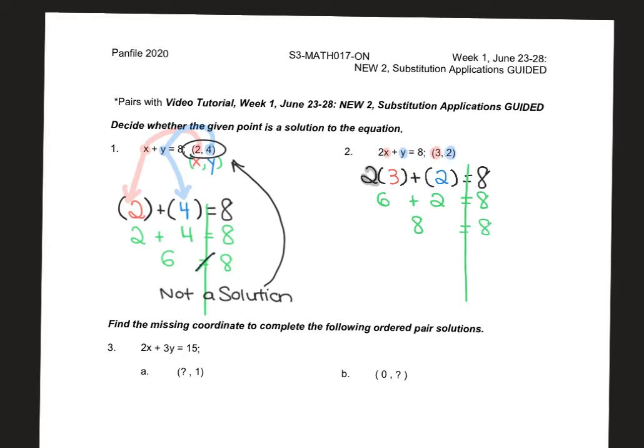Are my sides balanced? Yes. So yes, it is a solution. Again, what's a solution? That ordered pair. So if I plug 3, 2 into that equation, yes, it's a solution.